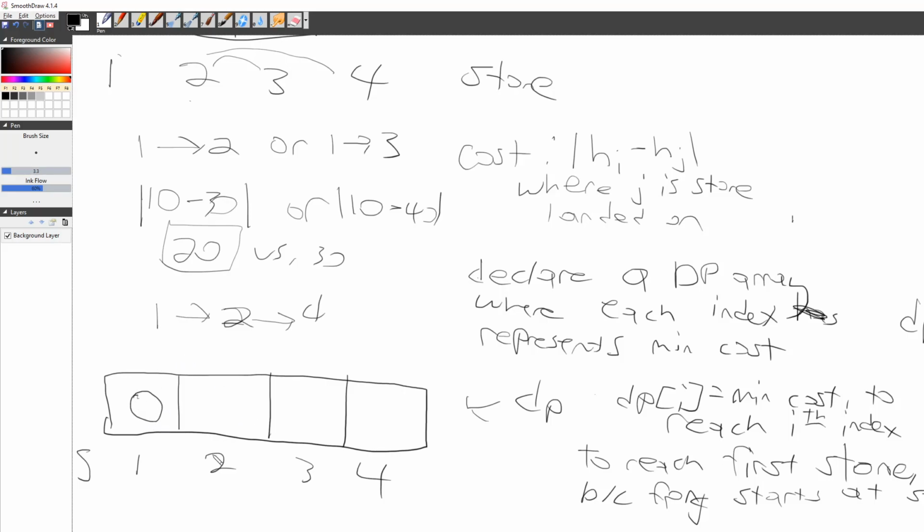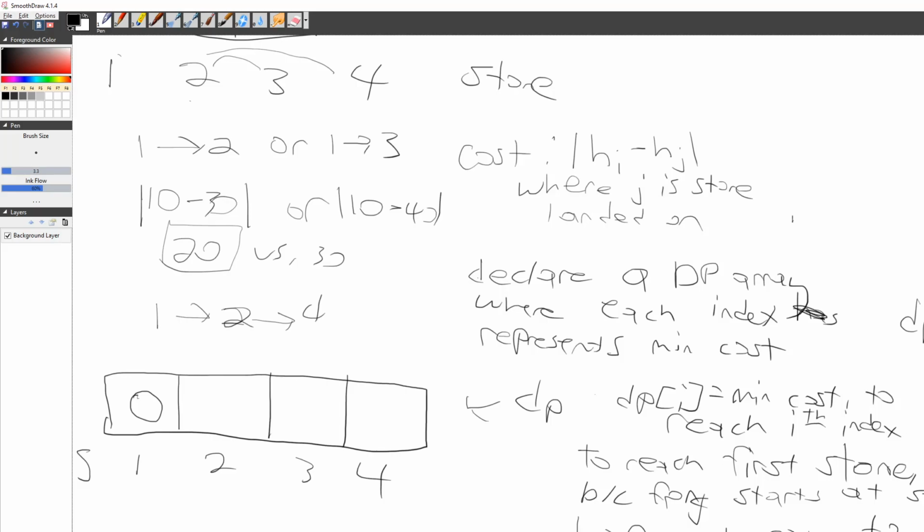Now to reach the second stone, we can only take 1 to 2. It's the only path to stone 2. So to reach index 2, write DP of 1, the minimum cost to reach the first index, or the i plus 1th stone.